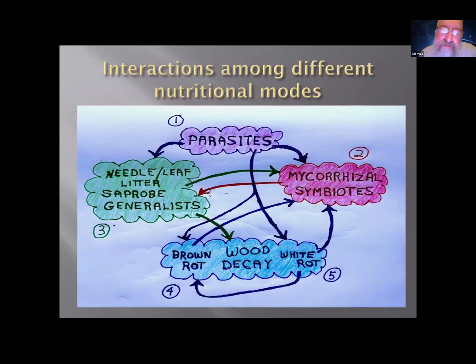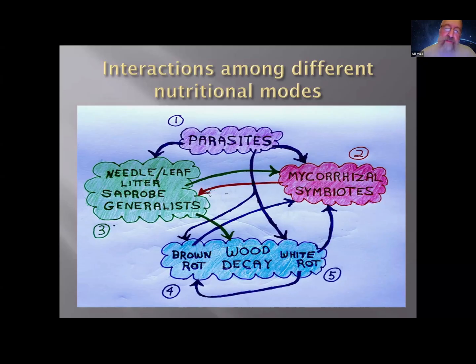So that's sort of an outline of the different modes of nutrition. I want to spend a little minute on this flow chart here. These are the 5 modes of nutrition among fungi. And I just want to make the point here that they are all interconnected and they all inform the lifestyles of each other. If you start with the parasites, lots of parasites, if you follow this arrow here, if you can see my cursor, begin as a parasite and then switch over to mycorrhizal symbiosis.